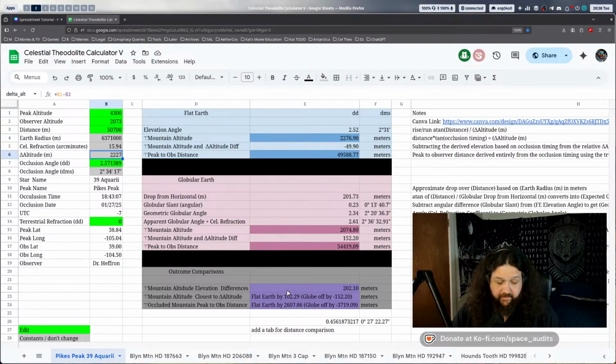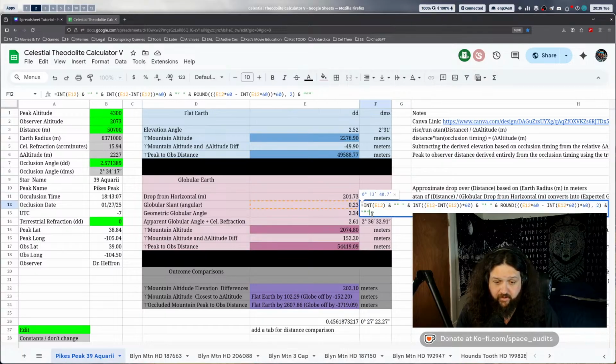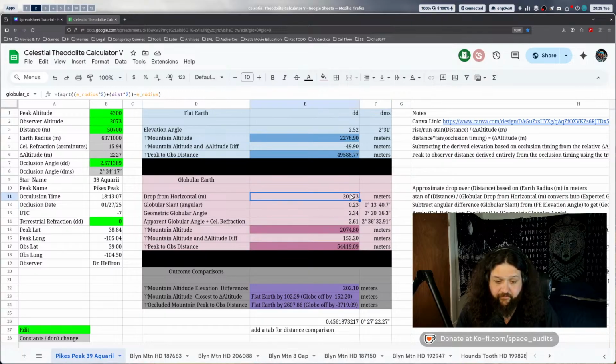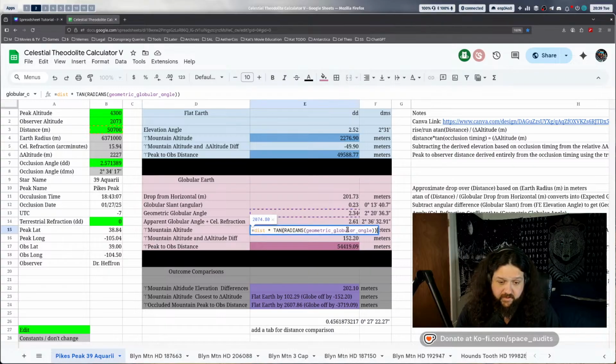Then down here at the comparison that I started, we have the difference in mountain altitude elevation. If we subtract these two, we get what the globe predicts as drop in meters based off of the approximation method that Jesse gave us to do the angular drop. That's kind of funny because these values are derived independently.